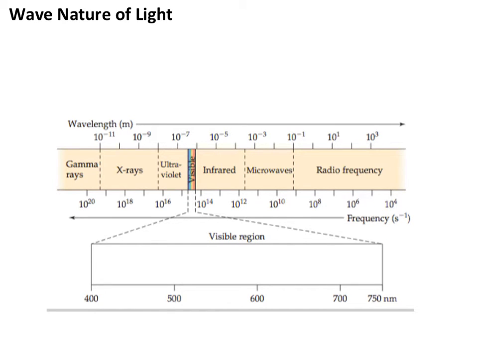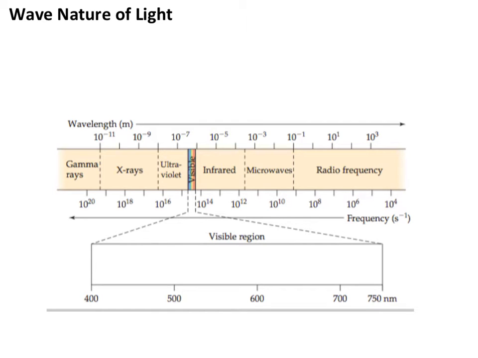So, if you notice here, all of the different types of electromagnetic radiation that we'll typically talk about are represented on this graph. So normally, notice we have radio frequency, microwaves, infrared, the visible spectrum, ultraviolet, X-rays, gamma rays. So all of these types of electromagnetic radiation are types that we could discuss.